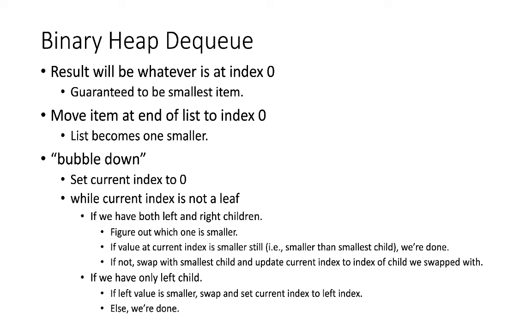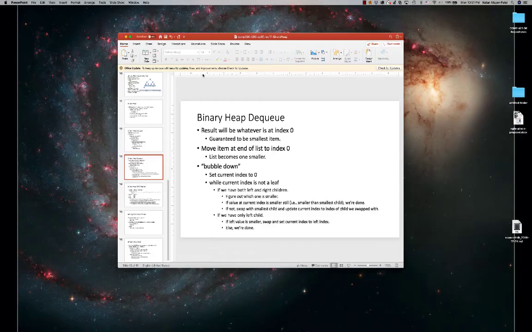Otherwise we're done. And we keep doing this. We bubble down until we end up at a leaf. Once we're at a leaf, we're done because there are no more children, and so the invariant holds naturally. So again, we can go to the iPad in order to see how this works.